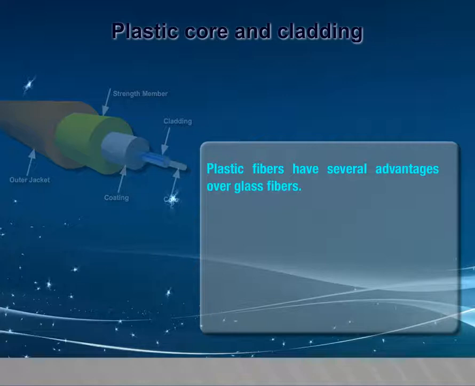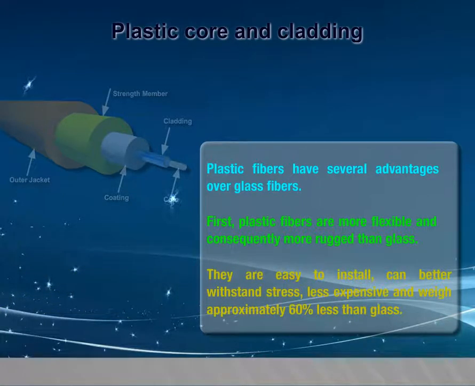Plastic fibers have several advantages over glass fibers. First, plastic fibers are more flexible and consequently more rugged than glass. They are easy to install, can better withstand stress, are less expensive, and weigh approximately 60% less than glass.